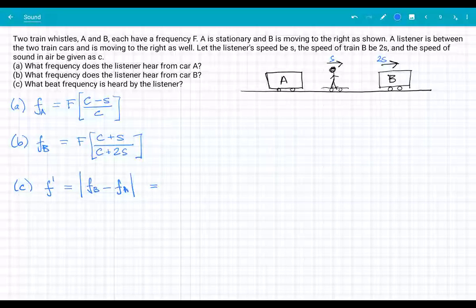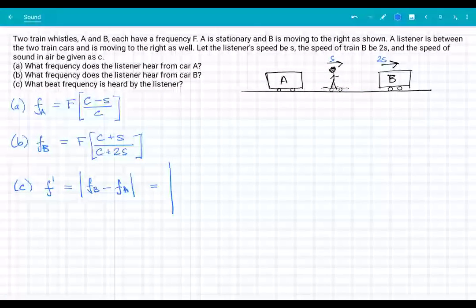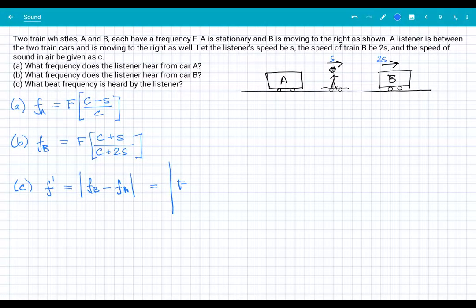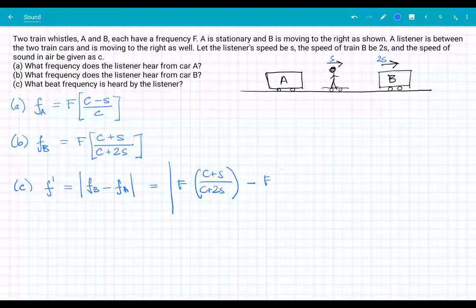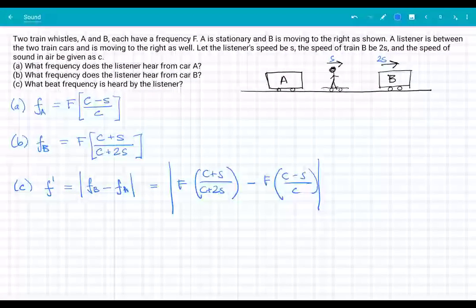So we can write that out as F times (c plus S over c plus 2S, minus c minus S over c). The absolute value of that is the beat frequency.